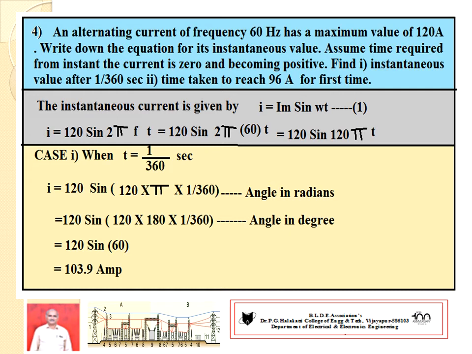In the calculator, in degree mode, 120 sine of 120 into 180 into t, 1 by 360. This value we are going to get as 60. Sine function of 60, so finally, we get I equal to 103.9 ampere.